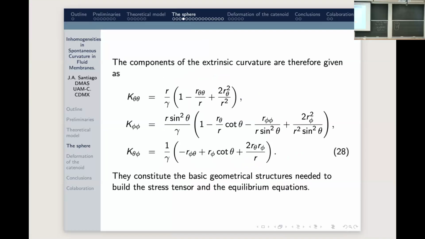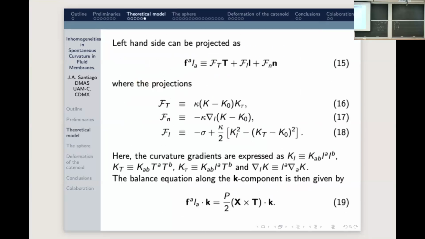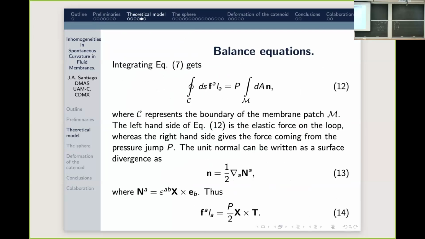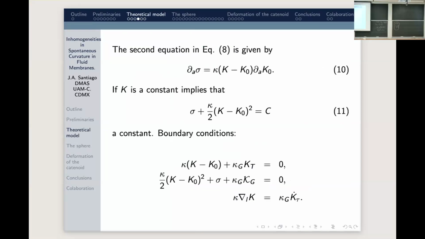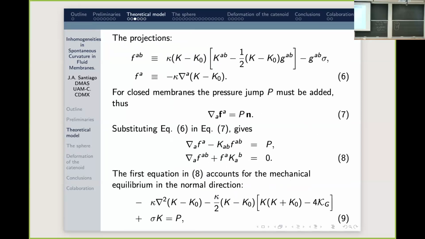So what's the point now? In this equation, this is the Euler-Lagrange equations, right? Then we can take a sphere, for instance, in this case.